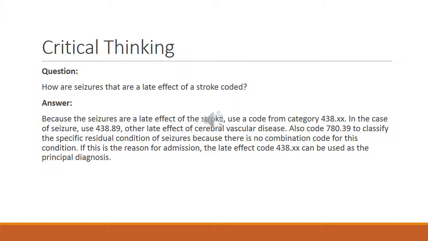Also, code 780.39 to classify the specific residual condition of seizures, because there is no combination code for this condition. If this is the reason for admission, the late effect code 438.XX can be used as the principal diagnosis.